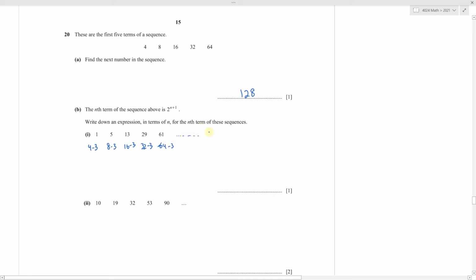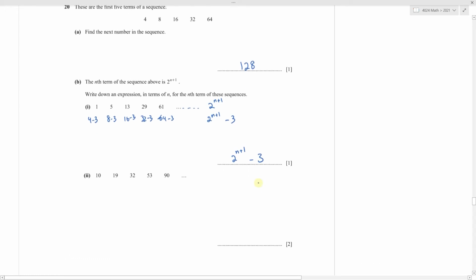So if the nth term here is given by 2 power n plus 1, what will be the nth term of this sequence? It will be 2 power n plus 1 and then minus 3. So 2 power n plus 1 minus 3. And then similarly, you have to find the nth term of this sequence using the sequence given above.